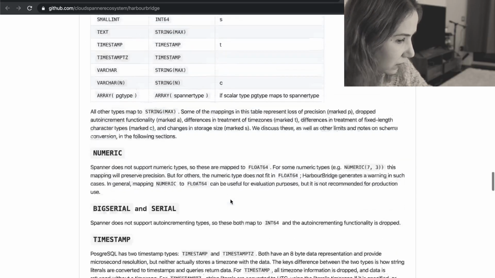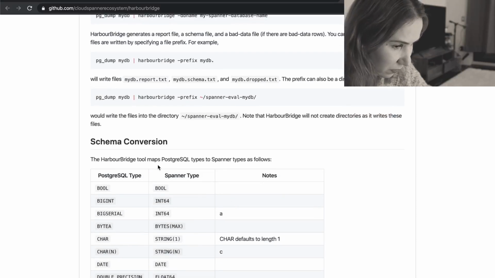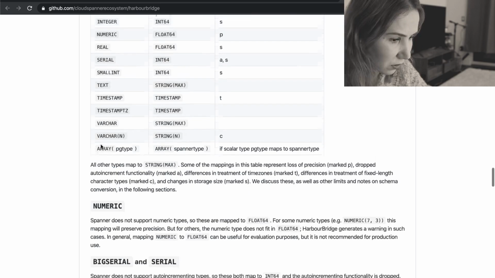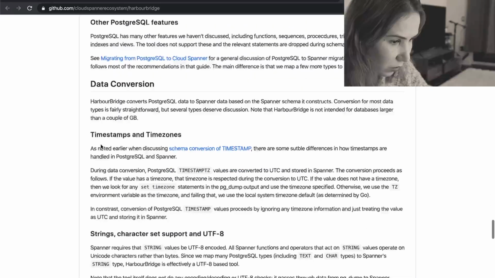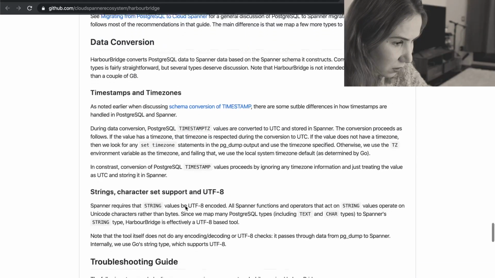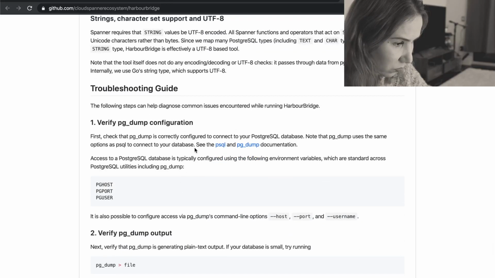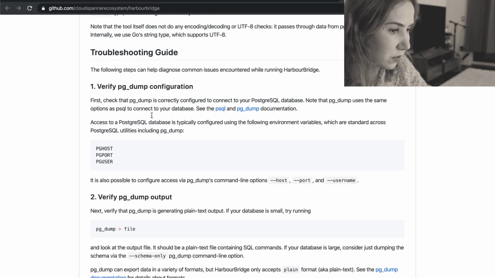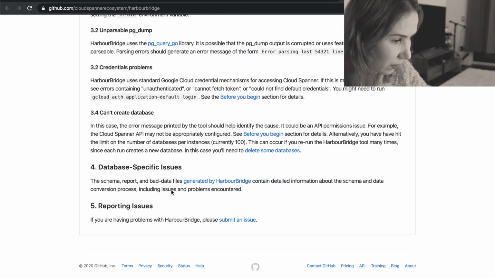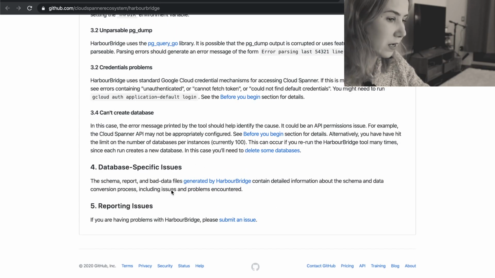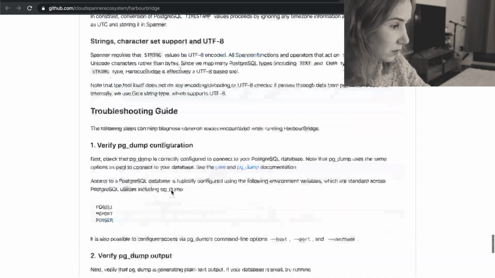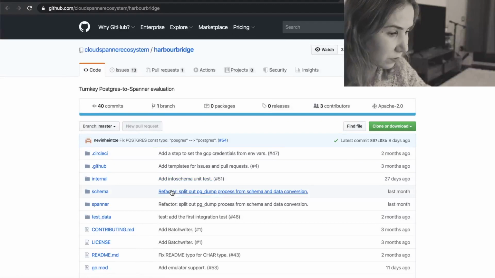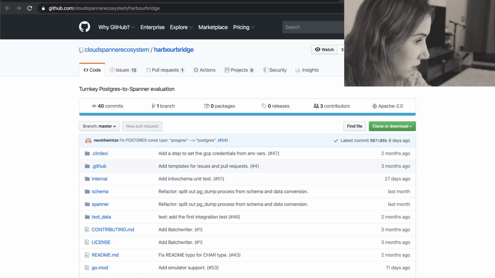I'm not sure what it supports and what it doesn't, but there's documentation about schema conversion, and there must be some notes about what it supports and what it doesn't. But yeah, it's really comprehensive. You can see the troubleshooting guide and everything. I have only looked at the project for some reviews. I haven't used it myself yet.